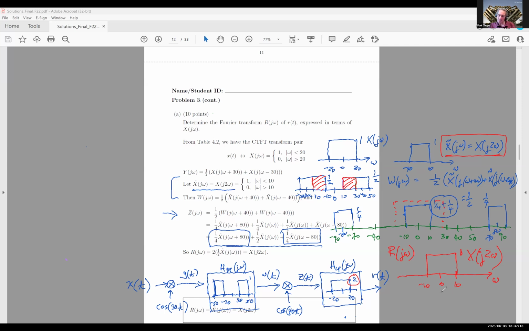If you got to this final stage just by using the figures, your only issue would be, how do I express that in terms of x of j omega? That was really just using the scaling property of a function of omega: if you compress the function of omega, then you're really multiplying the frequency argument by 2, because you've scaled it by half.